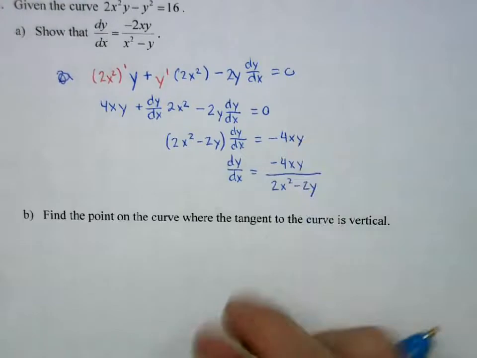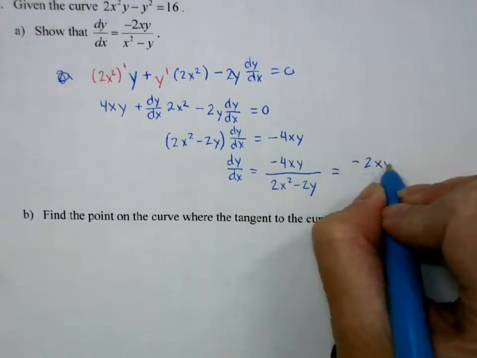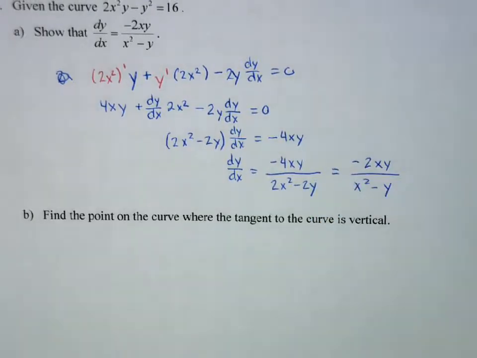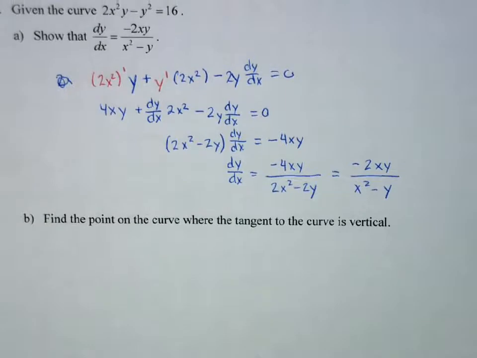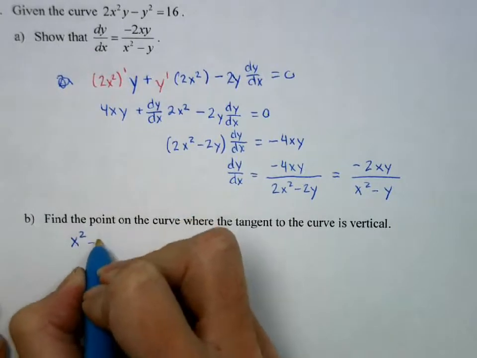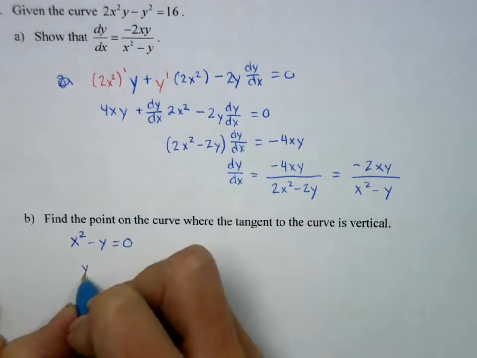I've got to reduce all of my 2's. This will be negative 2xy over x squared minus y. Now we're going to use that to find the points where our tangent line is vertical. That's going to be where the denominator equals 0, which is when y is equal to x squared.